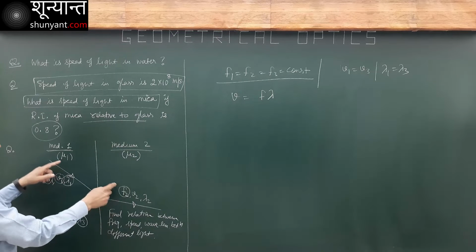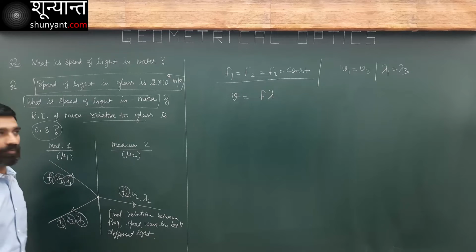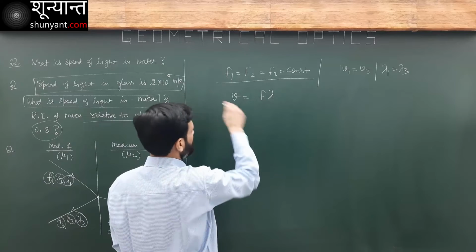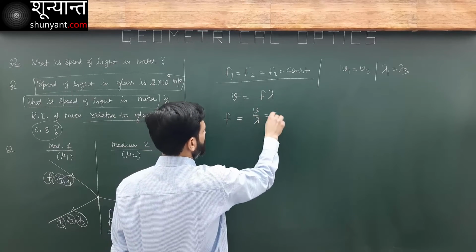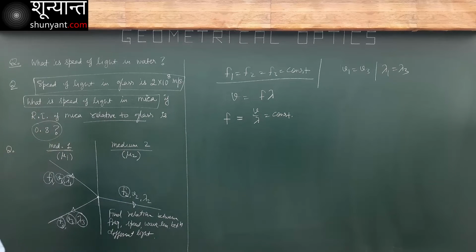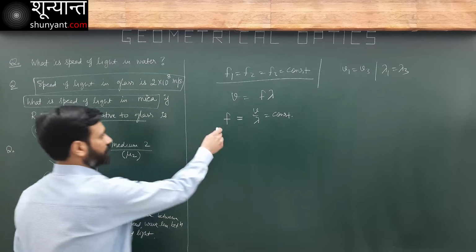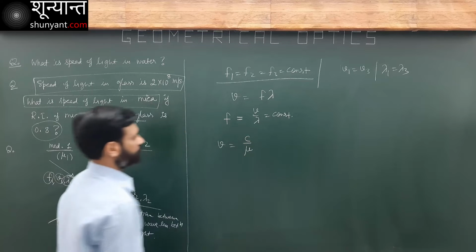Now what about between these two mediums, mu1 and mu2? Frequency is constant. Frequency is equal to V over lambda, it is constant. V is equal to C over mu.